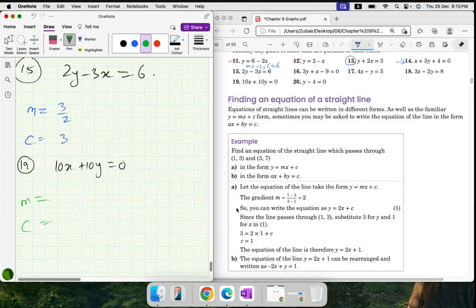See, when we make y the subject of formula, 10y is equal to minus 10x. Divide 10 on the other side, that's minus x. So gradient is clearly minus 1 and y-intercept, there's no such number. So y-intercept is 0. It passes through the origin.